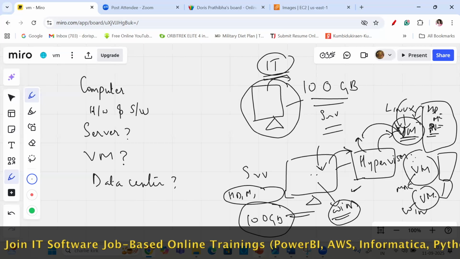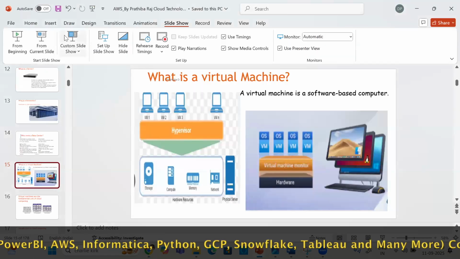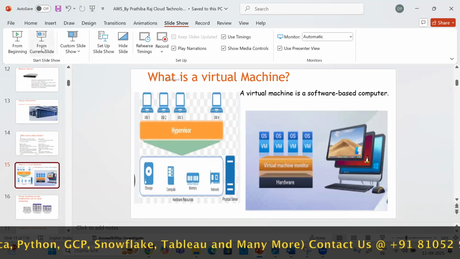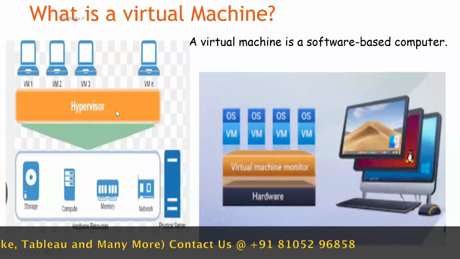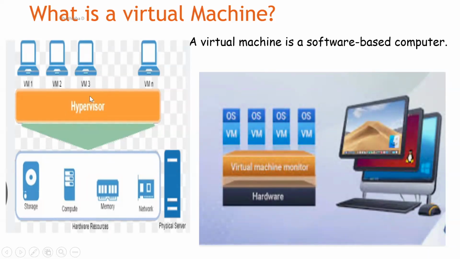So here in this picture, if you just see, you can see how exactly a virtual machine looks. Here, on top of my operating system, I've installed the hypervisor, and then I have installed different virtual machines, each having its own operating system, own hard disk, storage, memory.